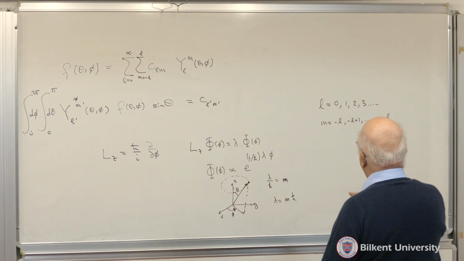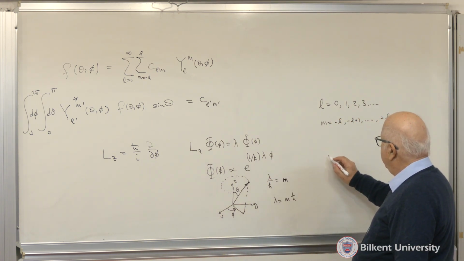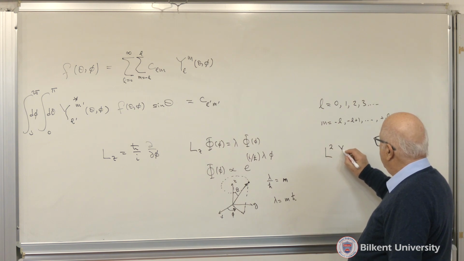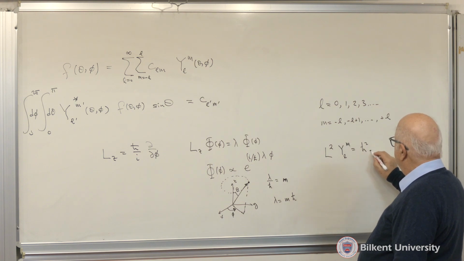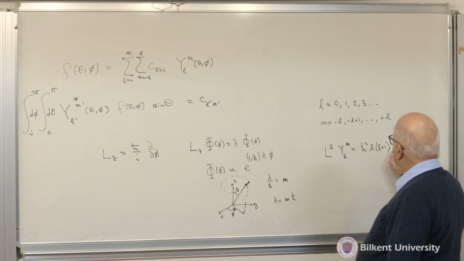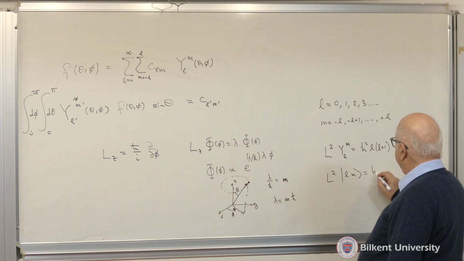Okay, so L becomes that, and if you just look at L squared times Y_LM, you indeed get h bar squared L(L plus 1) times Y_LM. So exactly the same thing as L squared on the state |L M> equal to h bar squared L(L plus 1).